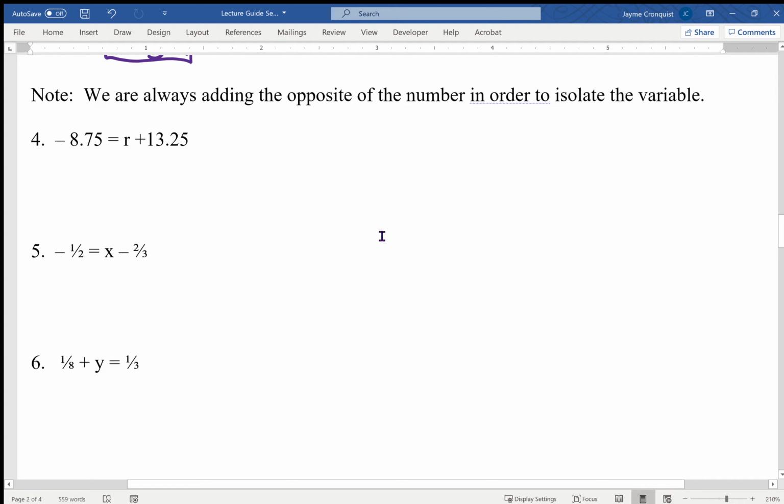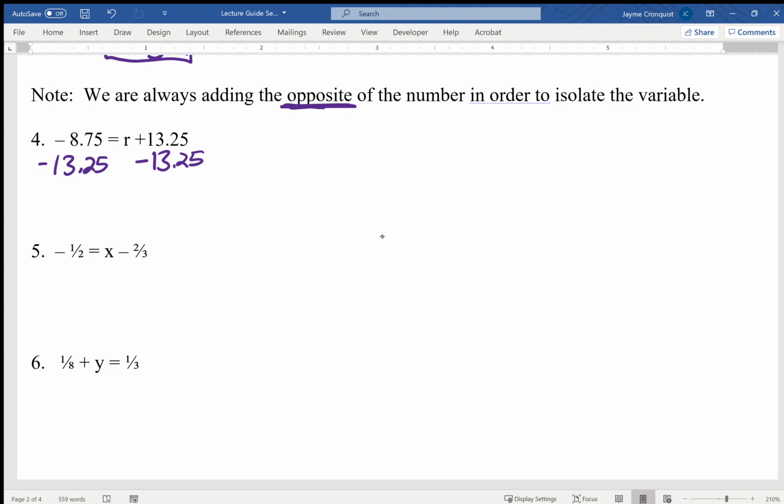So again, we are always adding the opposite number. That's the one connected to the variable, right? So that's over here this time. So I have r. Now I've got to subtract the 13.25. The purpose is I need that to add to 0, but I have to do it to both sides.